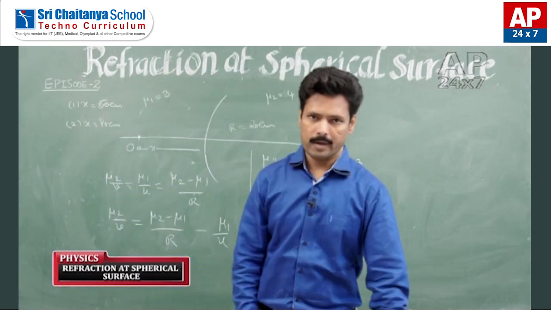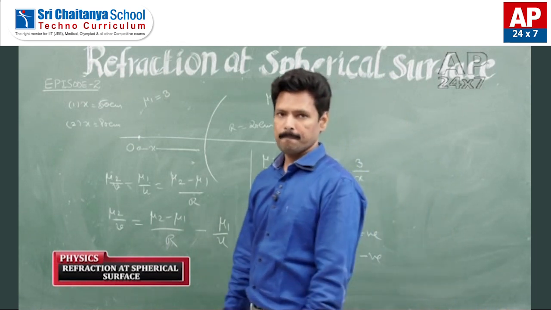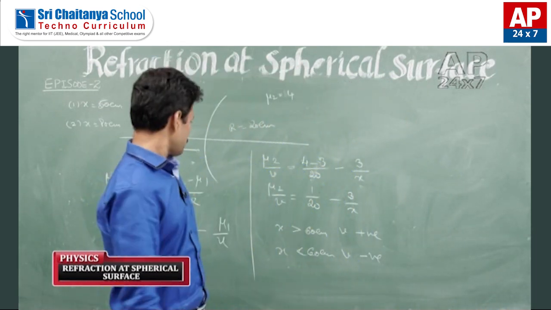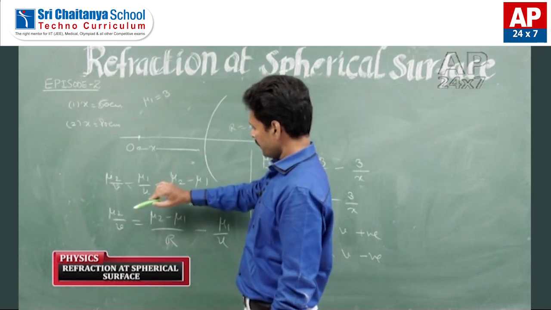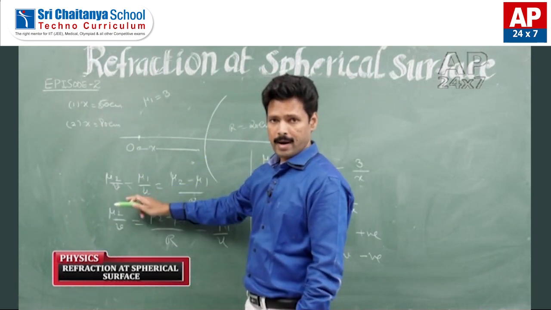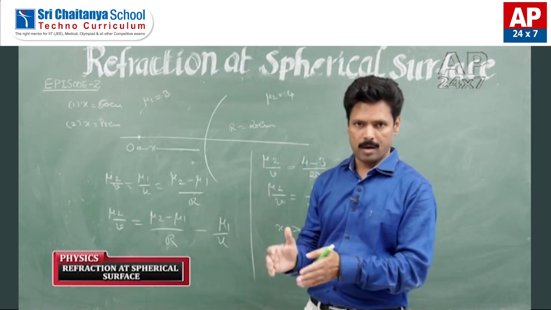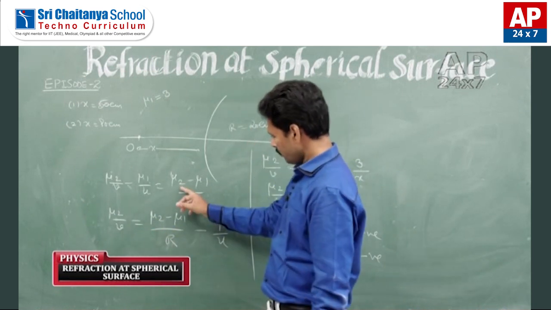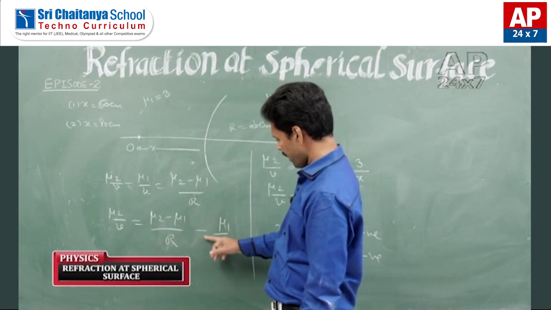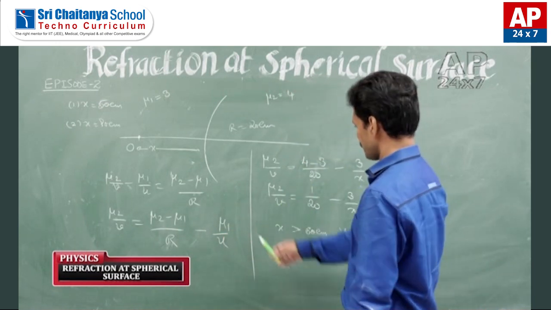Okay, what is the answer? Okay, very good. Right, see once how to solve this one. So equation is now mu2 by v minus mu1 by u equal to mu2 minus mu1 by r. So mu2 by v is equal to mu2 minus mu1 by r minus mu1 by u. Now substitute values.